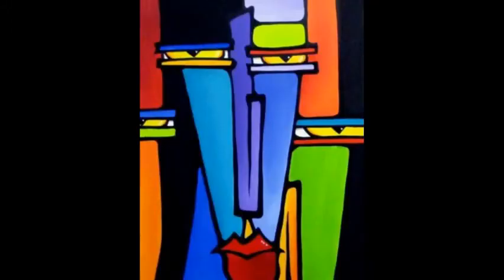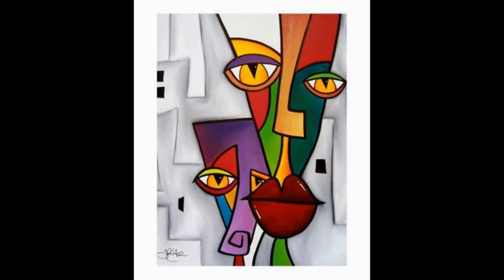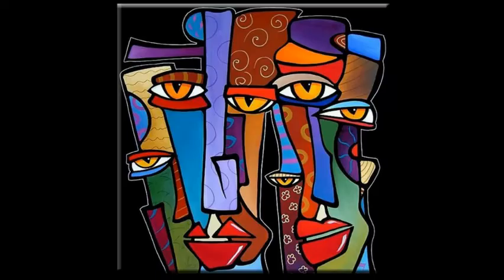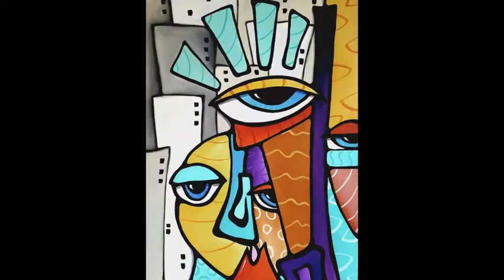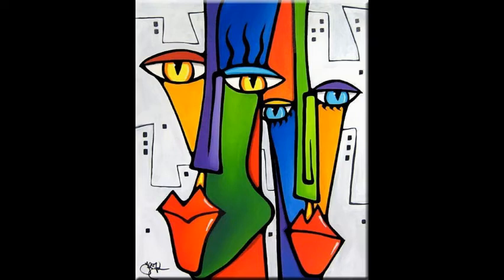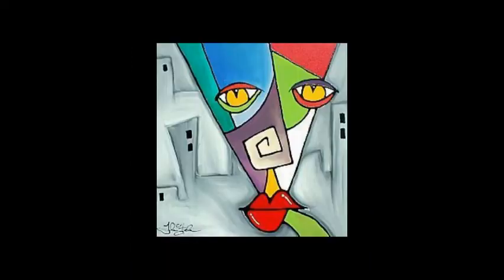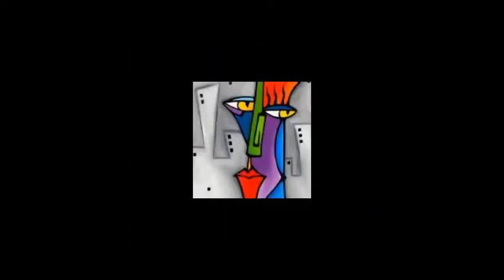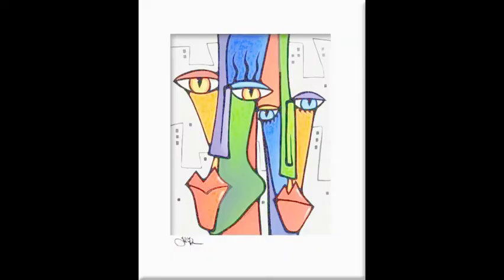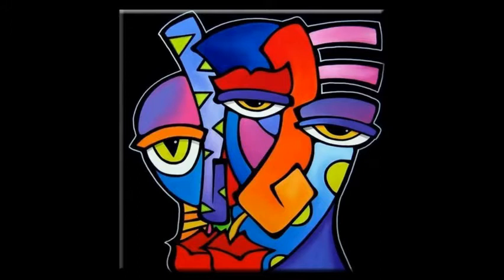Sometimes the eyes are rectangular, sometimes they're almond shaped. Noses can be blue or red or orange or pink or green. So we're going to do all kinds of funky stuff for these faces, right? I hope that this gives you a sense of what we're going to be looking for.